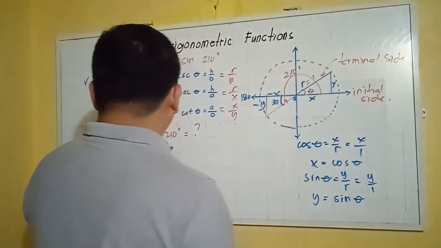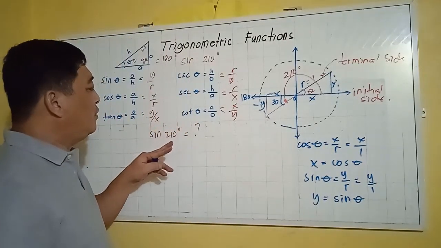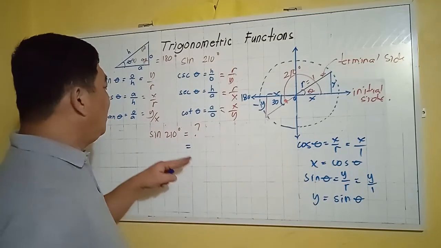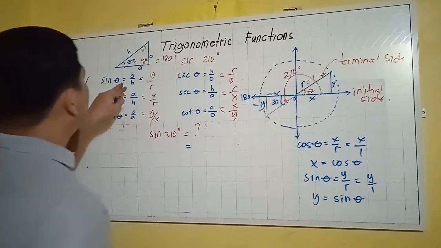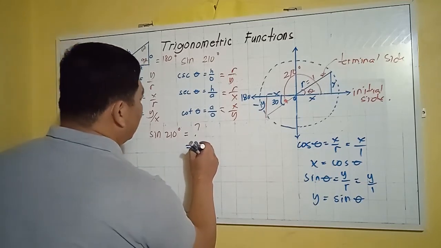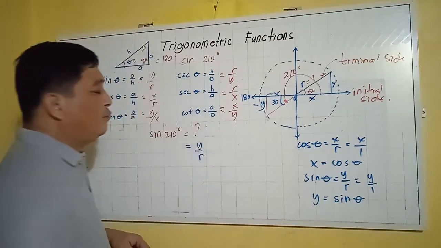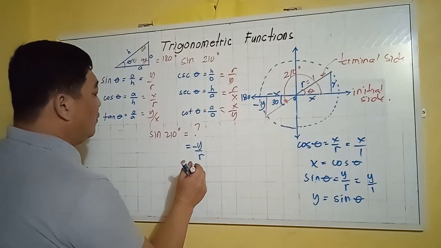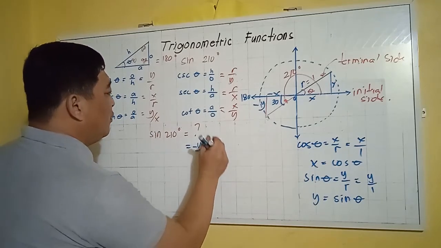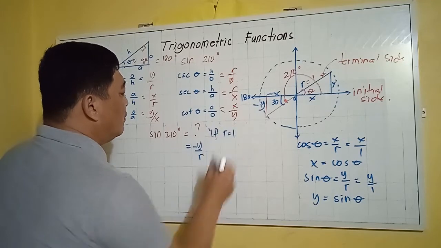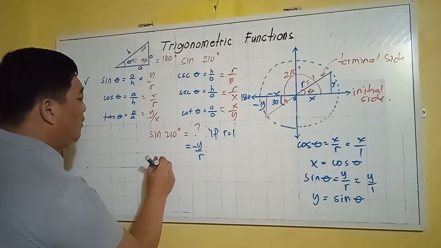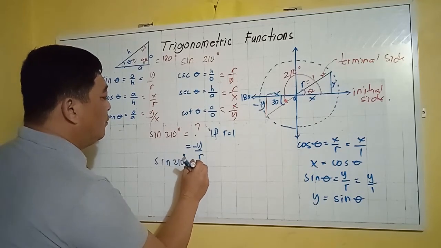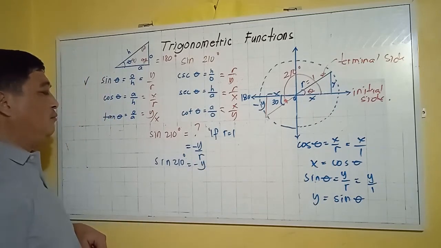Now, to find sine 210, sine 210 is equals to y over r. And y is negative. So if r is equals to 1, we have sine 210 degrees is equals to negative y.